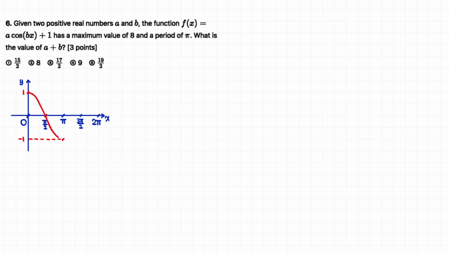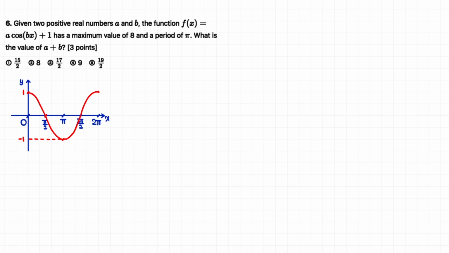So the graph drops all the way down from 1 to -1 by the time it hits x equals pi. And then from x equals pi to x equals 2 pi, the graph goes back up, something like this. It hits the x-axis when x equals 3 pi over 2 here. And finally, at x equals 2 pi, it goes all the way back up to y equals 1. That's what y equals cosine of x looks like.